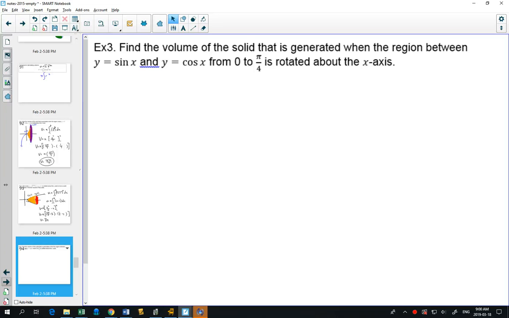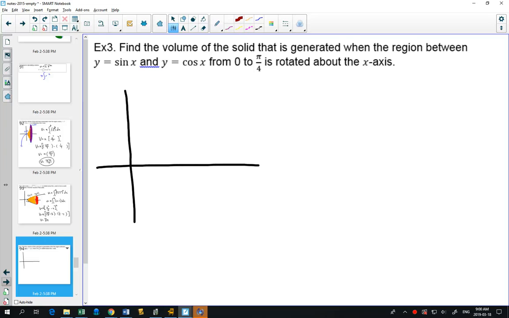Find the volume of the solid that's formed when the region between y equals sine x and y equals cos x from 0 to pi over 4 is rotated about the x-axis. Okay. I'm going to draw more of my sine graph than I need to, and then take some of it away.